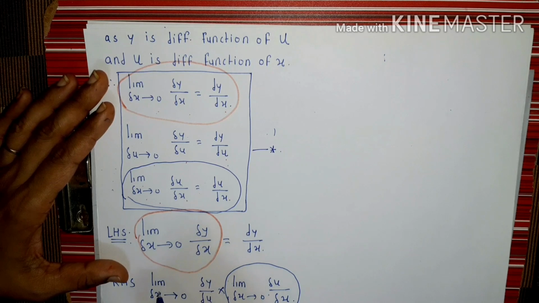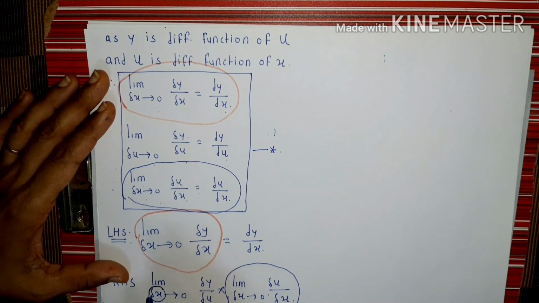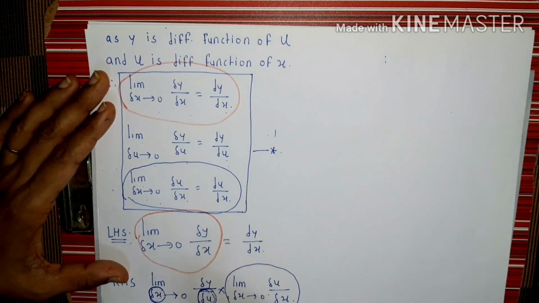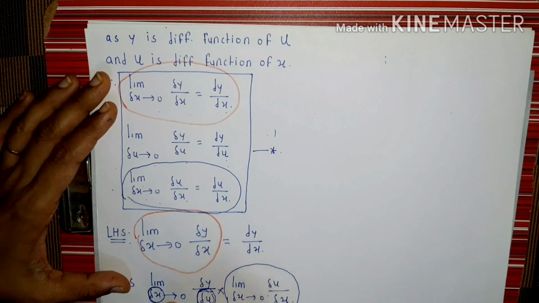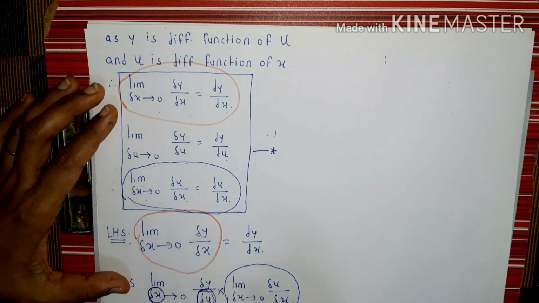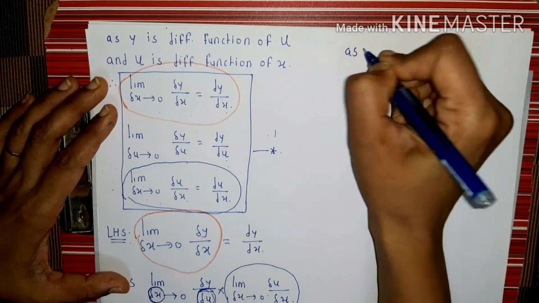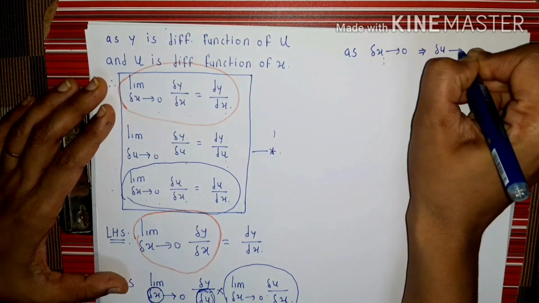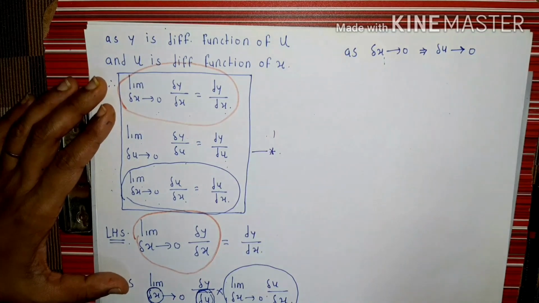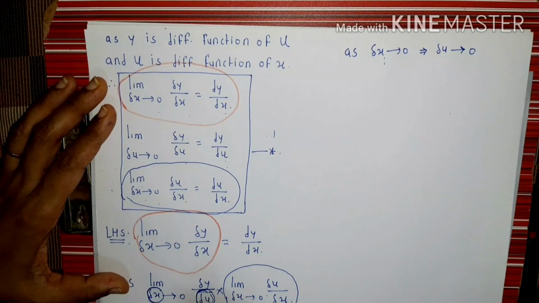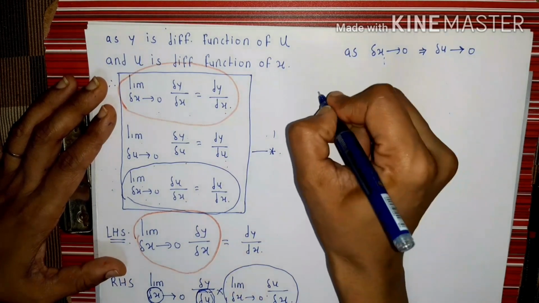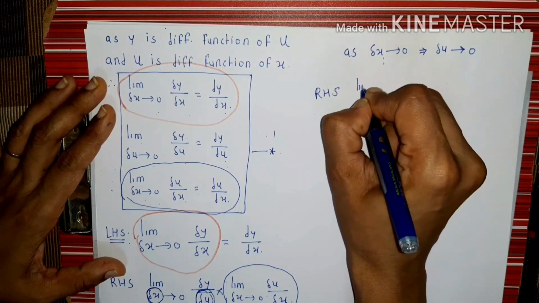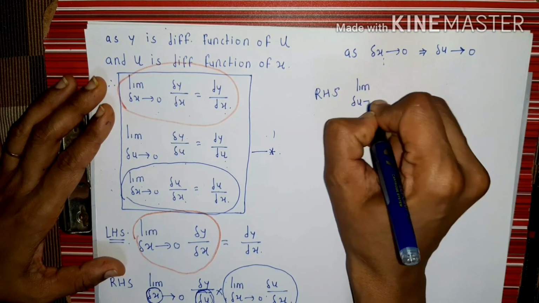In the first term, the limit is delta x tends to 0 and the denominator is delta u. But as we know that u is a differentiable function of x, as delta x tends to 0, we can write delta u tends to 0. We have already written this. By using this, the first term of RHS equals limit delta u tends to 0.